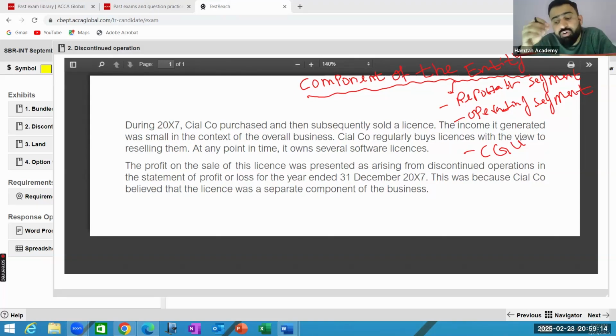So first of all, it should be a component. It should be a reportable segment, an operating segment, or a cash generating unit or multiple cash generating units. And then that component has been disposed of or held for sale.